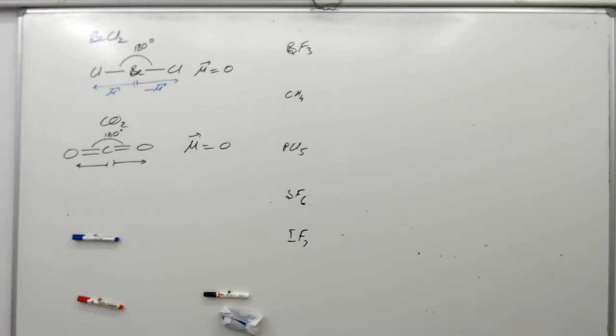So even for CH4, mu should be 0. So for PCl5 also mu is 0, right?